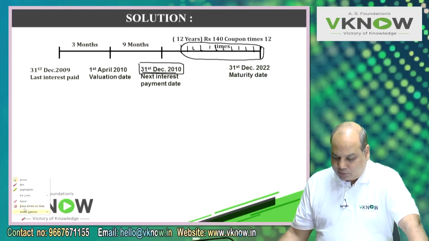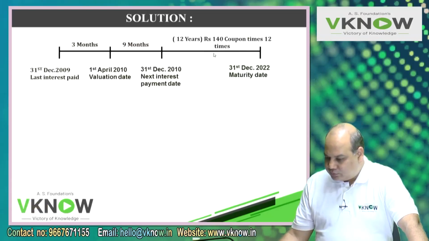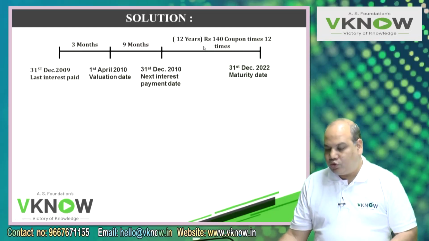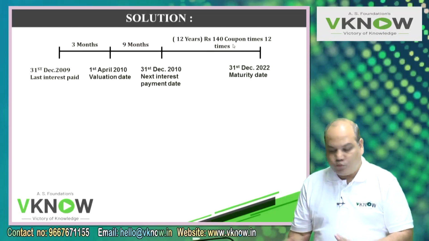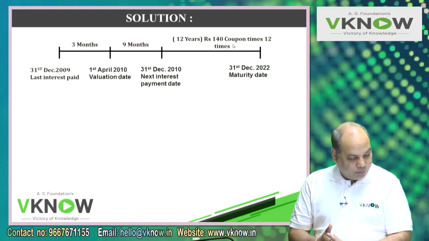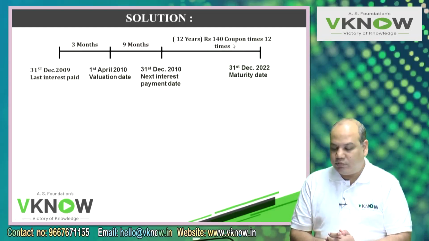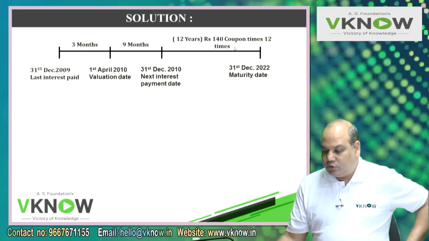So now write down above, from this date 12 years are pending. So 140 rupees coupon. Why 140? Because 1000 into 14%. 140 coupon 12 times.